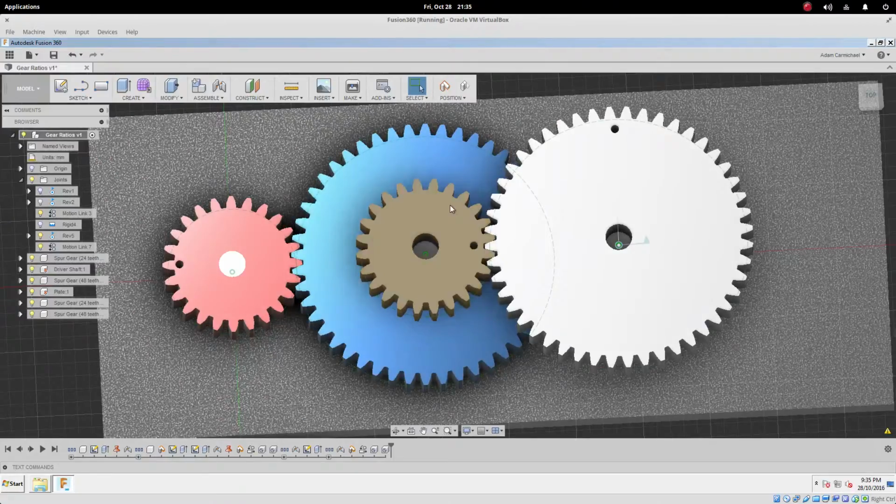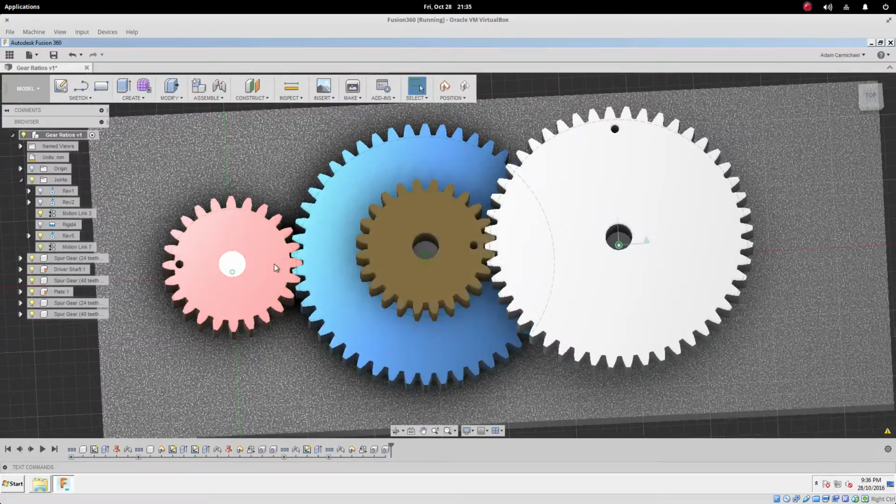And we actually call this an idler because it idles there. The red one is the driver, and the silver one is the driven, and the idler sits in the middle. And sometimes you just put an idler in to reverse the direction.